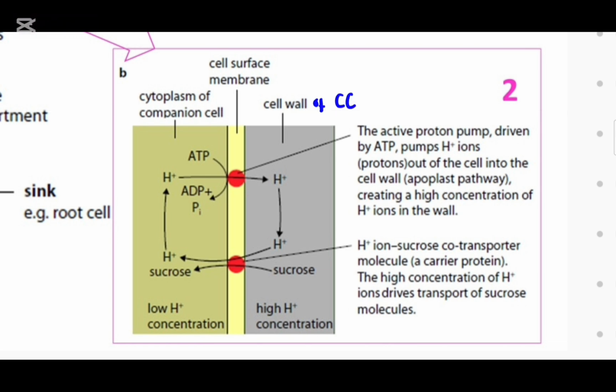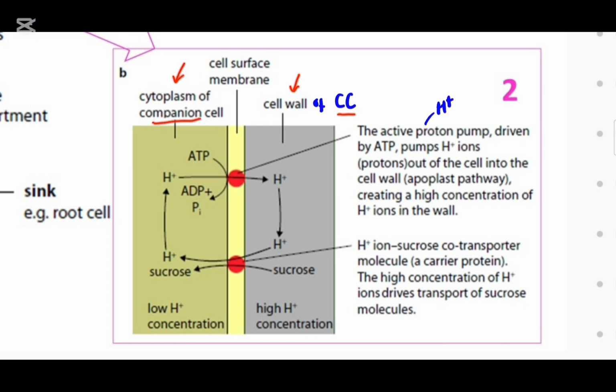Look at this point here: the active proton pump. Proton again is hydrogen ion. Driven by ATP, it pumps hydrogen ions out of the cell into the cell wall, which is the apoplast pathway, creating a high concentration of hydrogen ions in the wall. This is the cell wall of the companion cell, and this is the cytoplasm.